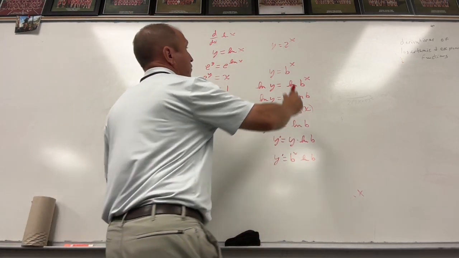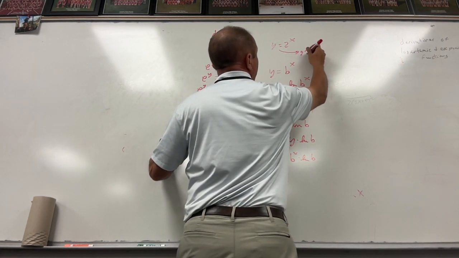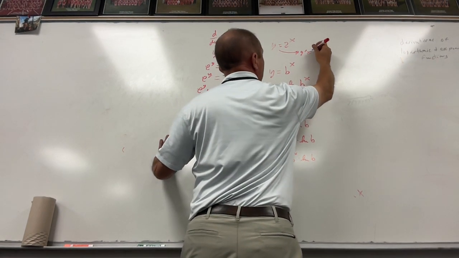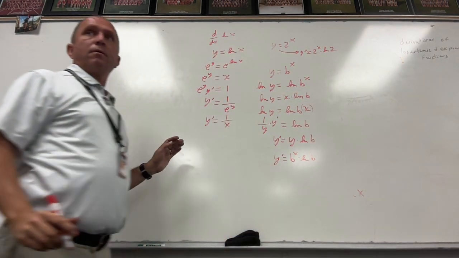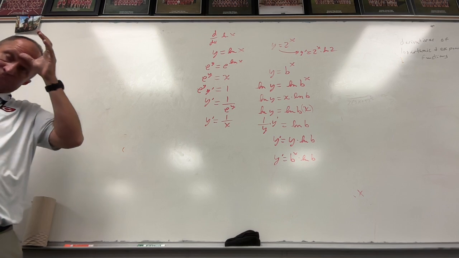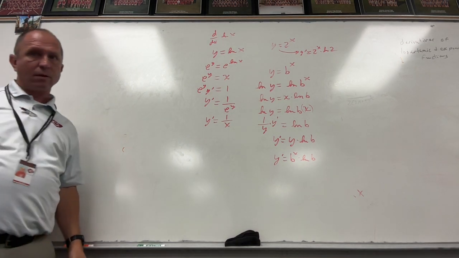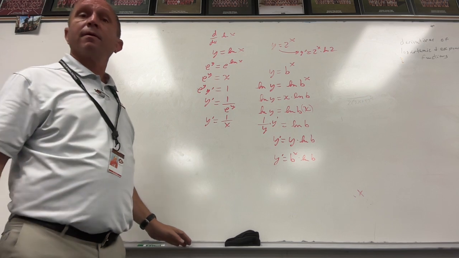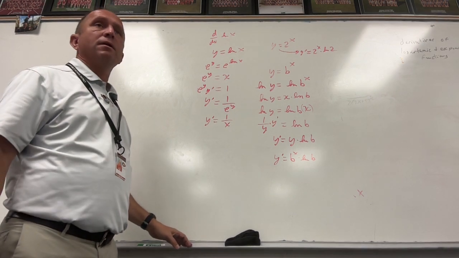So the derivative of y equals 2 to the x is 2 to the x times the natural log of 2. Are we okay with that? Is that in simplest form? Yeah, that's the simplest form.